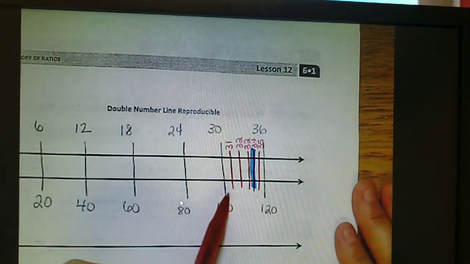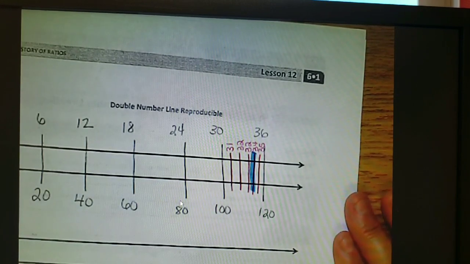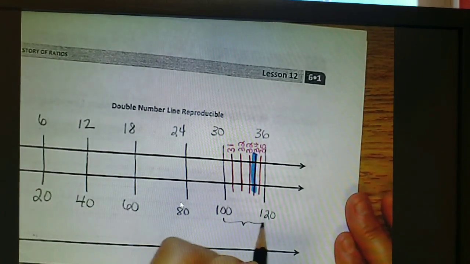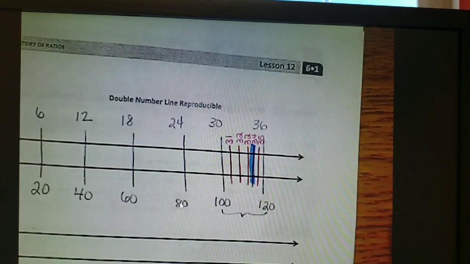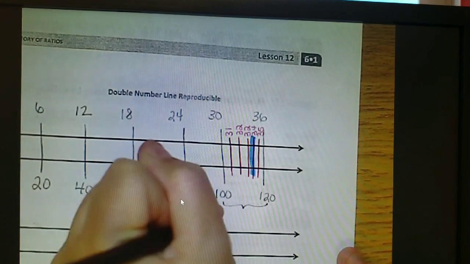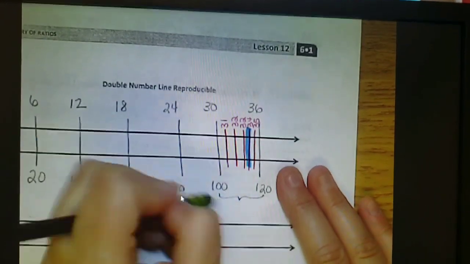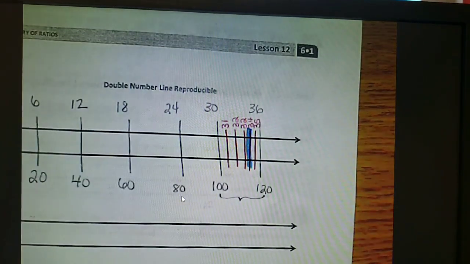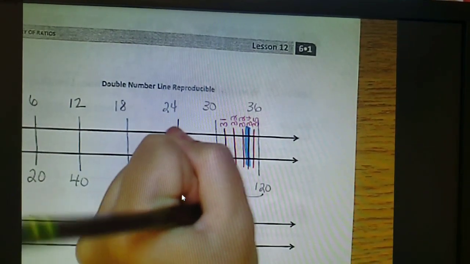All right, so you have to find the distance between these two numbers. Okay, so we have 120 and 100. So if we took 120, actually, I'm not going to write that yet. Okay, so between 100 and 120, there's 20 grams of sugar in here.